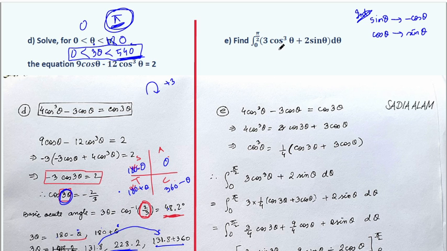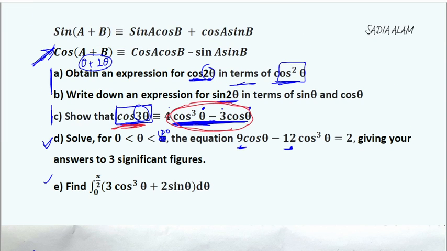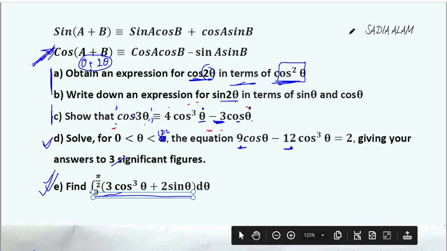We need to replace them using the triple angle formula, as in this one. In this formula we have cos cube theta, right? For part E, we need to integrate this equation.